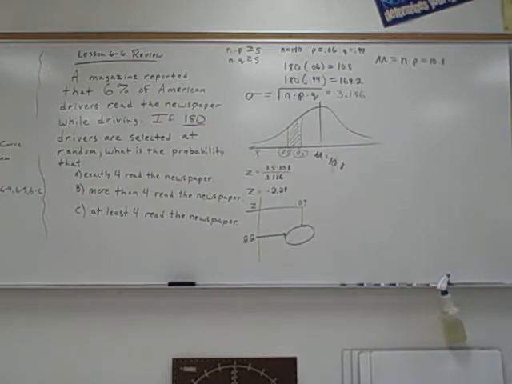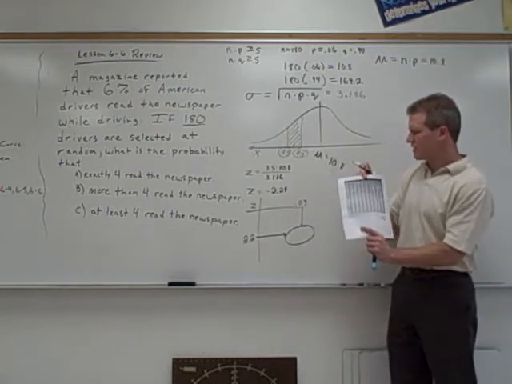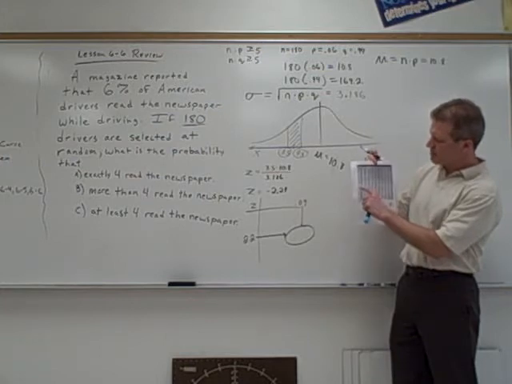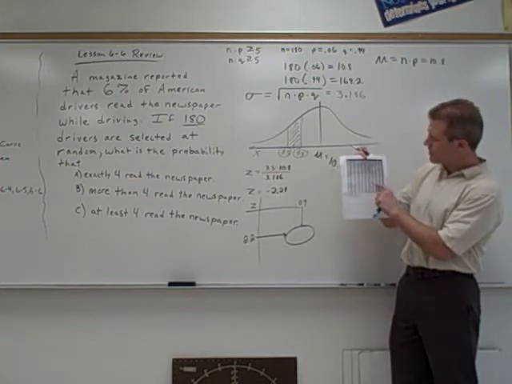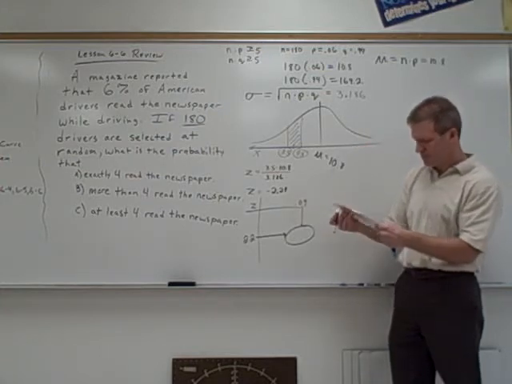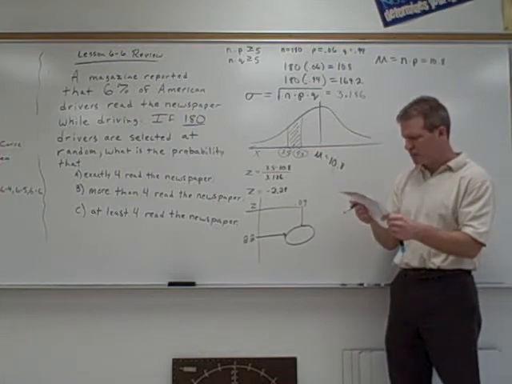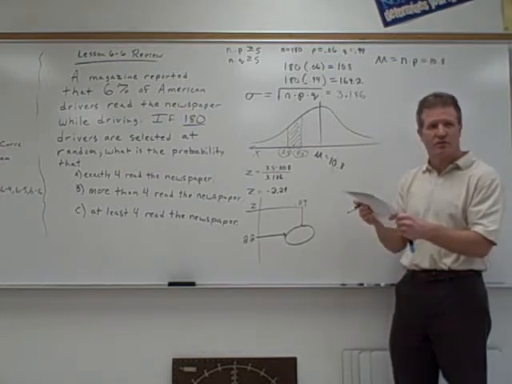So you look on your z-chart. Whoops, that doesn't have a z-chart on that. Let's try that again. Here we go. Look at your z-chart and go to 2.2 on the left side. Go to 0.09 across the top. And I'm seeing 0.4890. That look right?